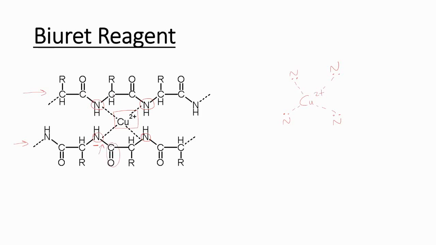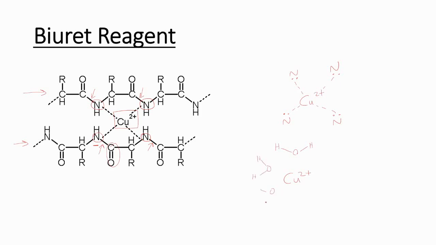And this peptide bond is also seen at the other nitrogens as shown. This is important for complex formation. Copper 2+ ions, which are normally found in solution in water, form coordinate bonds with water molecules.